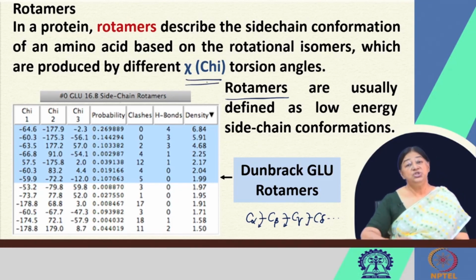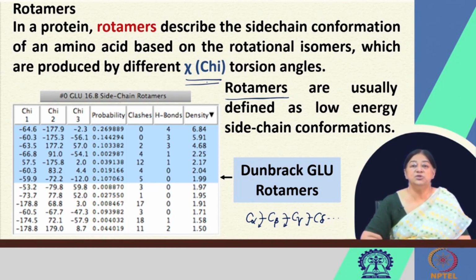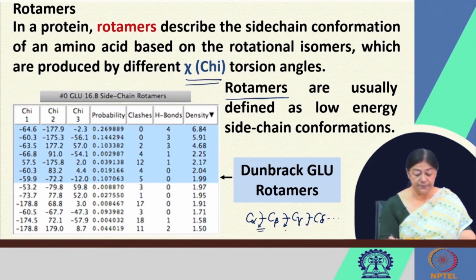So, the rotational isomers. We saw the different kinds of structural isomers that we can have in terms of a cis trans for the peptide. But when we look at the geometry, it is important to understand that the amino acids themselves, because of the presence of single bonds, can have specific side chains that can rotate, because we have single bonds that link the carbons together.